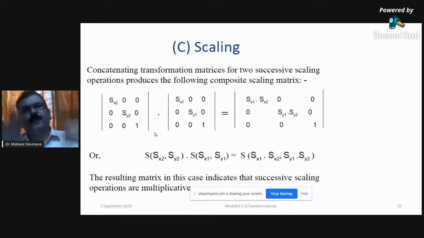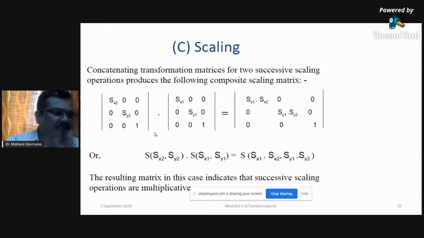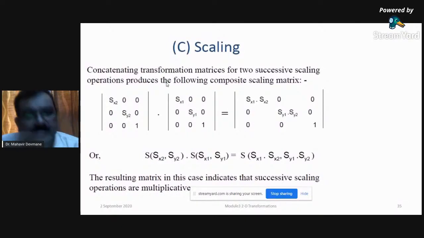How can we perform two consecutive scalings, like Sx2 0 0, then 0 Sy2 0, then 0 0 1, the second scaling, multiplied with the scaling vectors Sx1 0 0, then 0 Sy1 0, then 0 0 1. Right? When this matrix multiplication is done, finally we get the scaling.